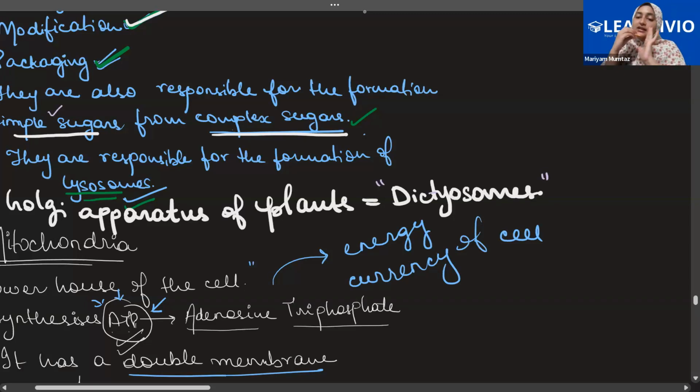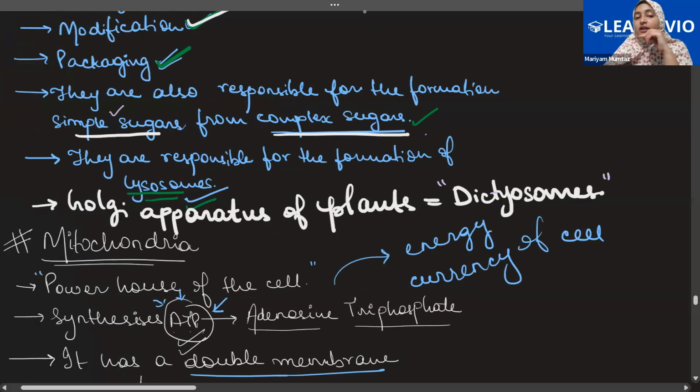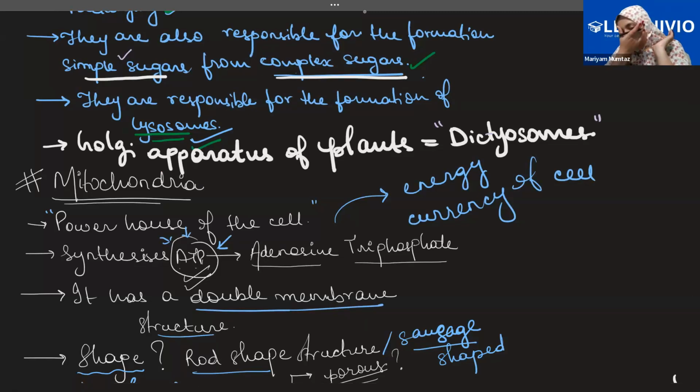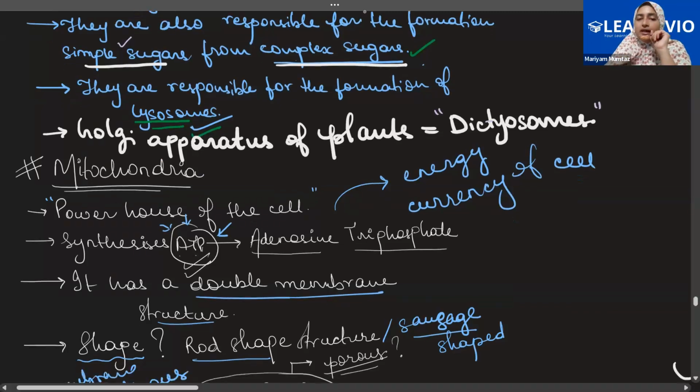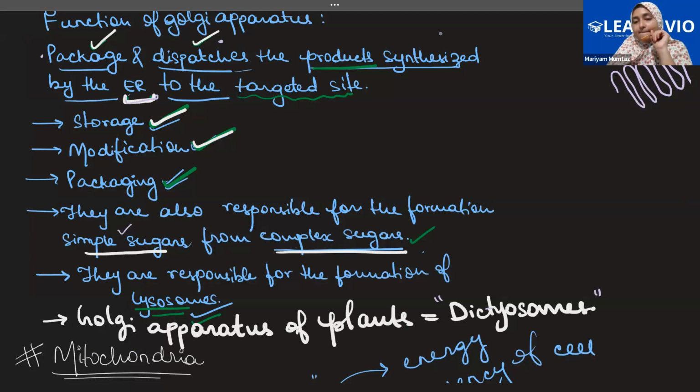So if the Golgi apparatus is present in plants, we'll not call it Golgi apparatus, we'll call it dictyosomes. It just has a different name. The function and everything is the same. Any doubts up until now? Golgi is clear to you all?